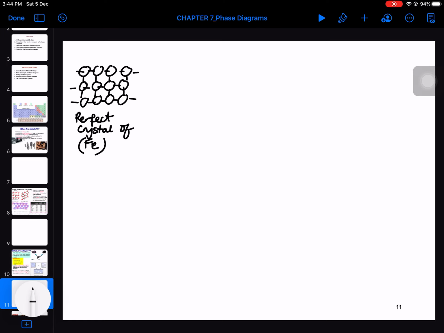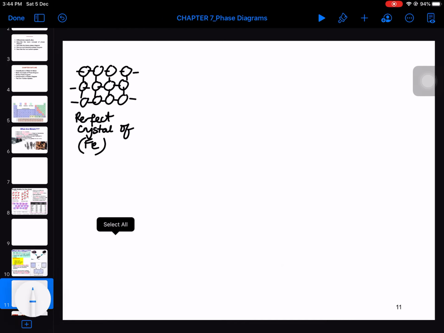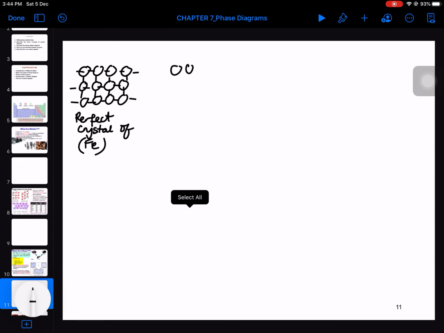But as we advance into chapter 4, where we are looking at imperfections in solids, we know that such a thing as a perfect crystal doesn't exist. So what is actually there within the crystal structure? If I can draw it for you, after we have learned chapter 4, this is a more realistic representation of the atoms within the crystal structure.